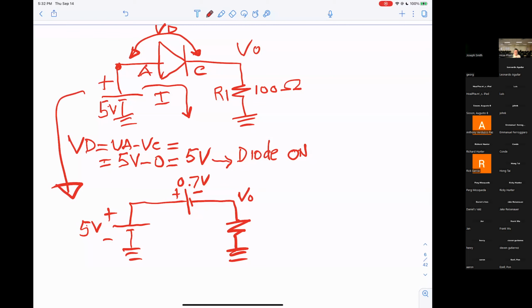Just redraw, but there's no more symbol for the diode. The diode is already replaced by a 0.7 volt battery.